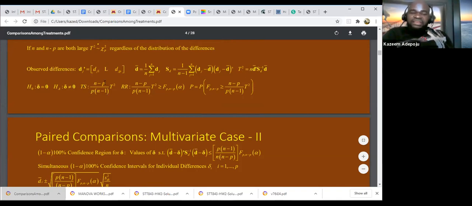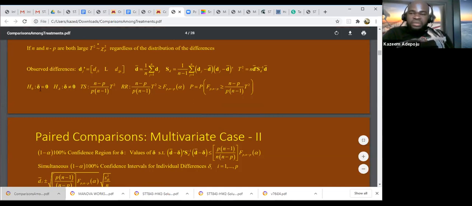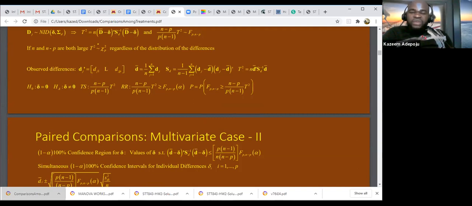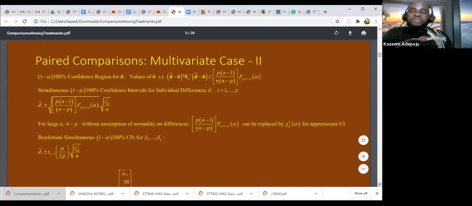So if this is the test statistic, this is going to be the rejection region. And this is what I'm going to use to figure out the p-value that can be used to take a decision.